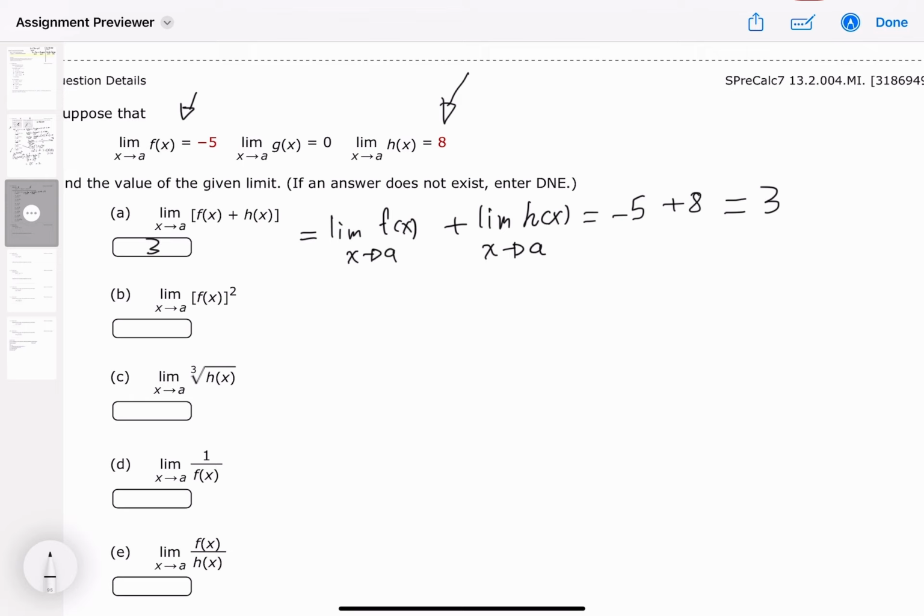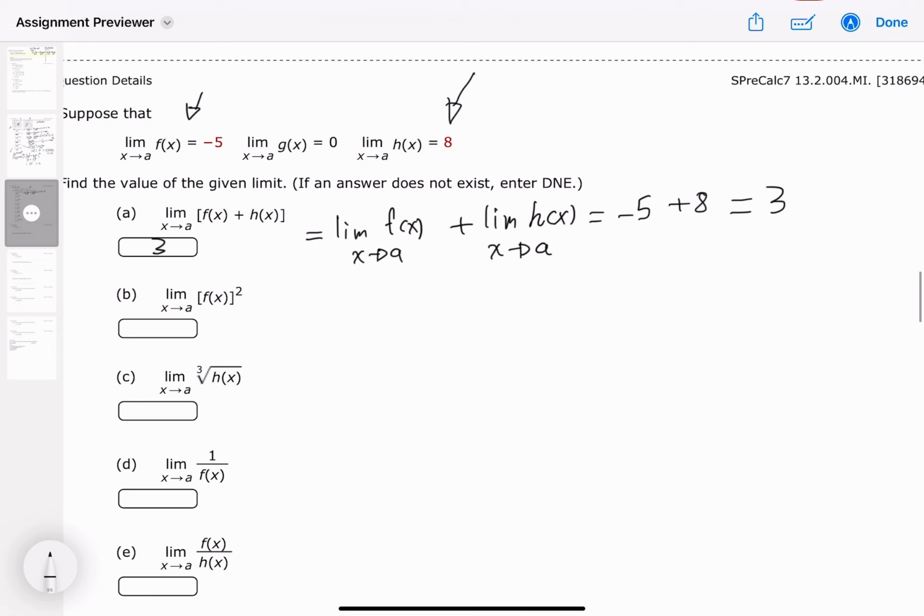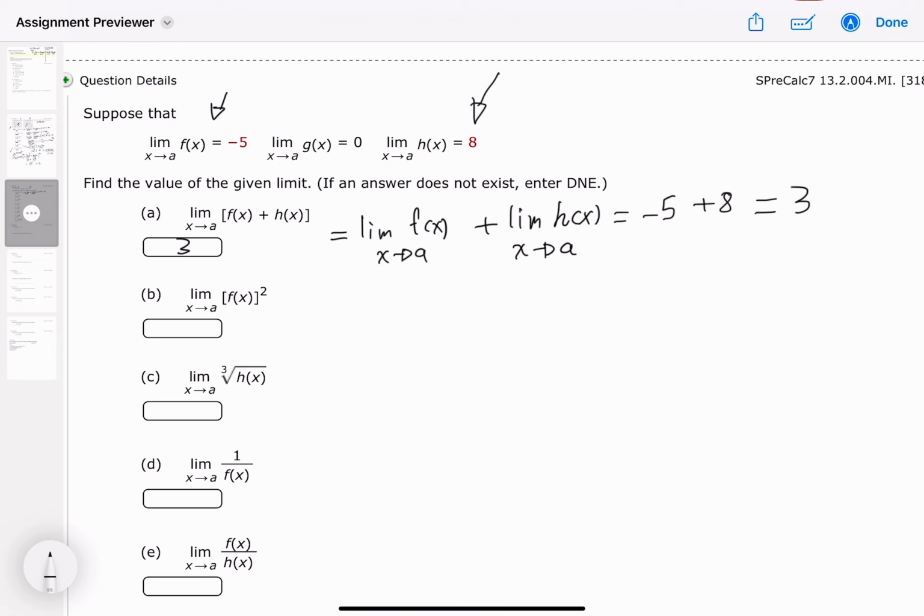What about the second one? We have the limit as x approaches a of f of x, squared. So again, I have to take that exponent out because I don't know this limit. This limit is not given here. But what if I take that exponent out?